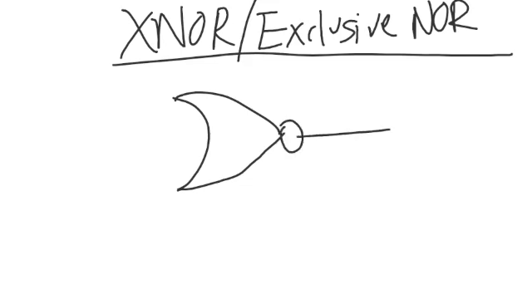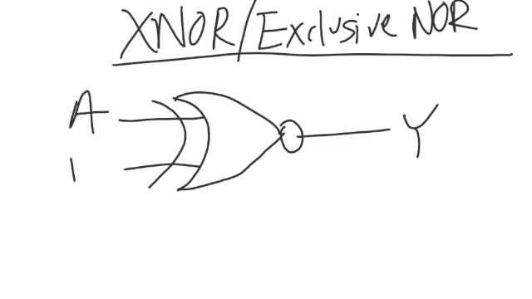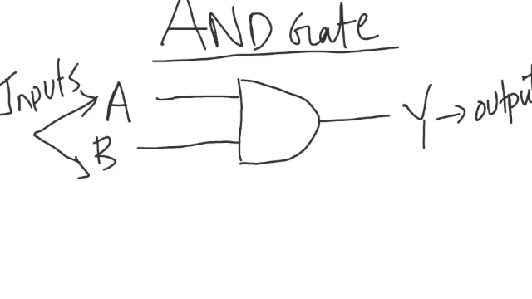There's gonna be an inverter, and it's the same as the exclusive OR, the inverter is the only difference. So now you know how all the gates look like.